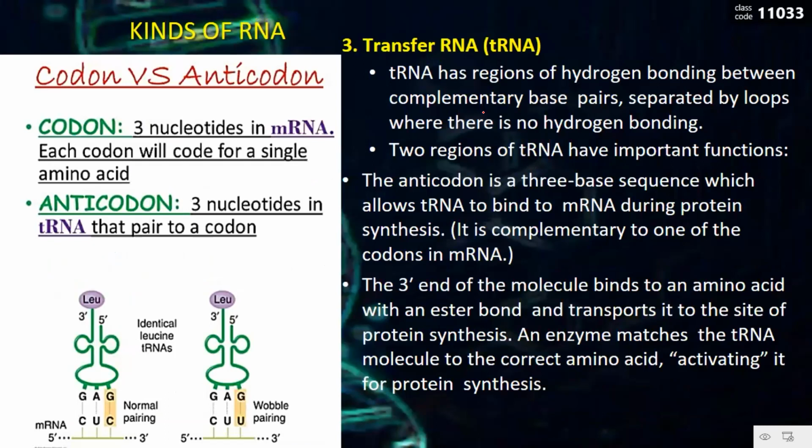Okay? The codon, what is codon? This is the three nucleotide combination in the mRNA. Remember this. Each of the amino acids in our body is coded through 3 nucleotides. So each amino acid has 3 base pairs. It's always like that. We call that the codon.